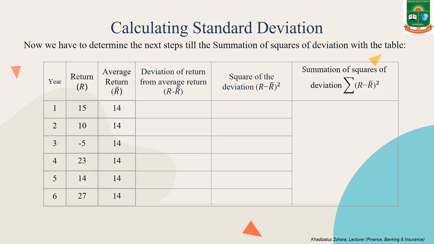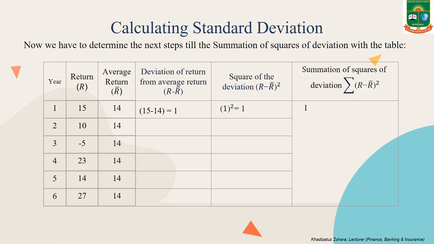In this step, we have to subtract 14 from 15 equal to 1. Square of the deviation, 1 square equals 1. Then we have to write it in the last box, summation of squares of deviation 1.